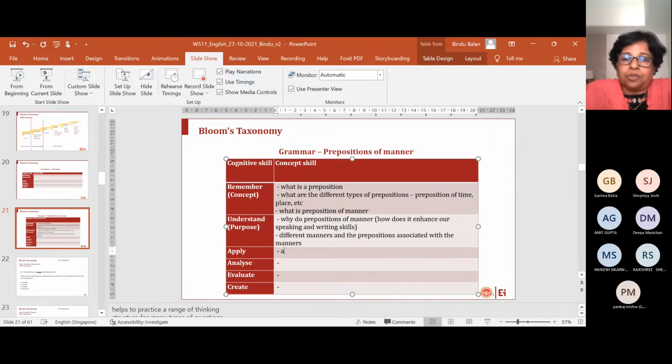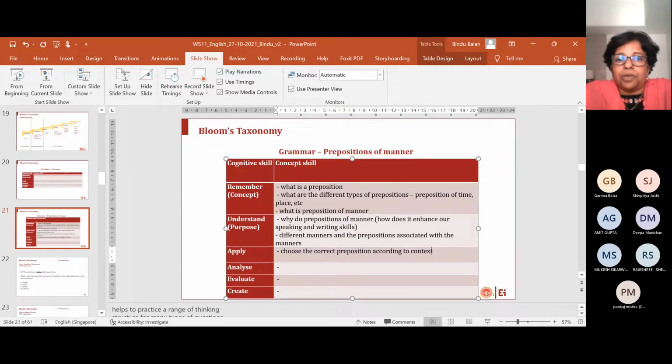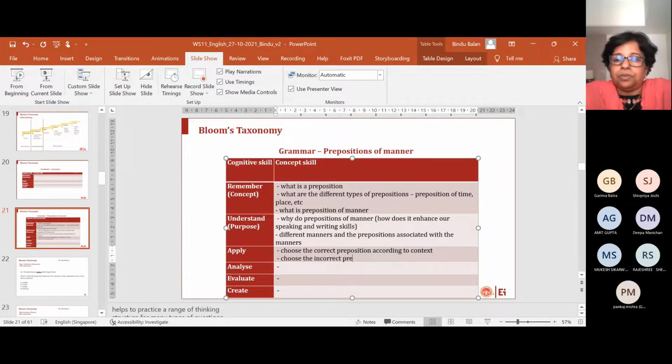You will ask them to choose the correct preposition according to context. Okay, like complete a sentence, or choose the incorrect preposition.